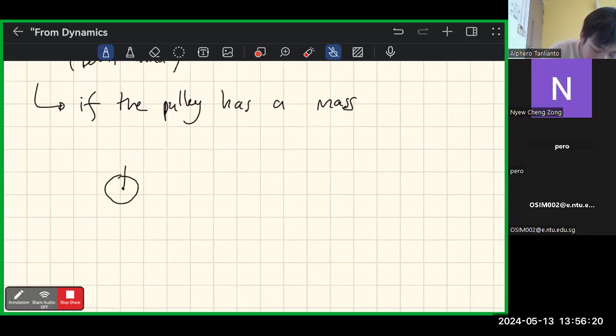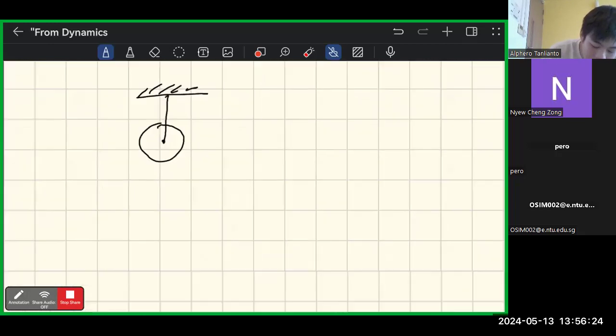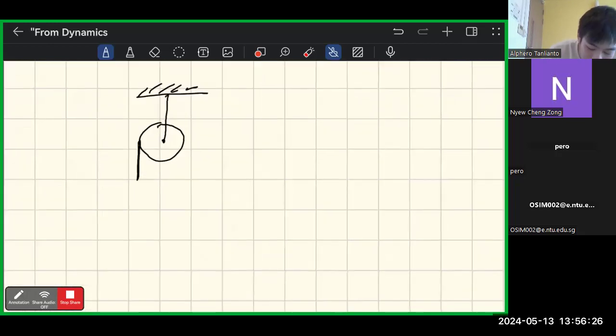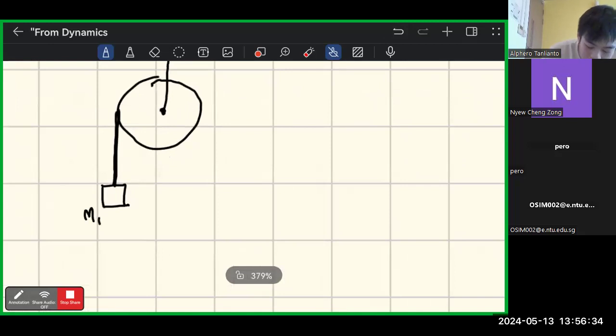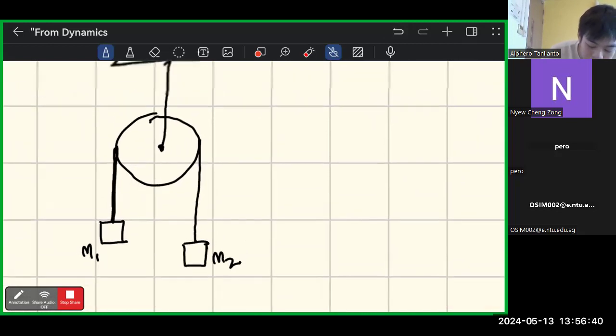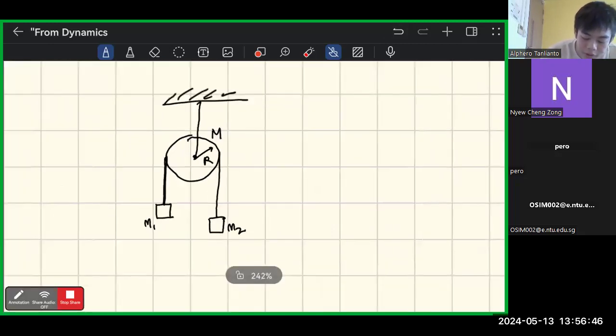If we have this pulley, one side of the pulley has the mass m1, and this side has the mass m2. The pulley has the mass of capital M with radius r. What is, let's say, the acceleration of m2?